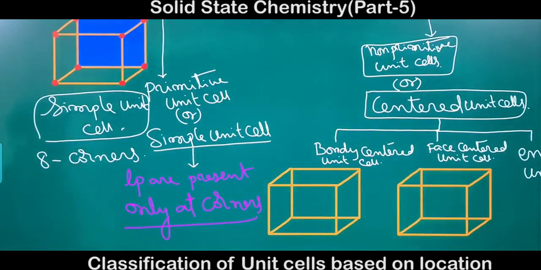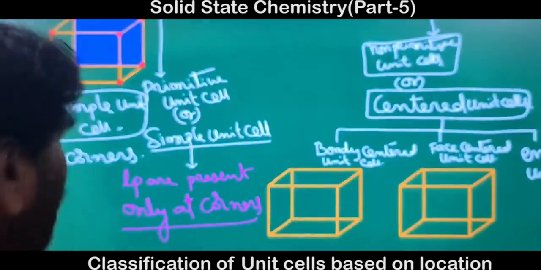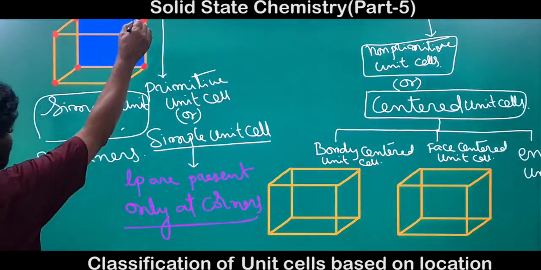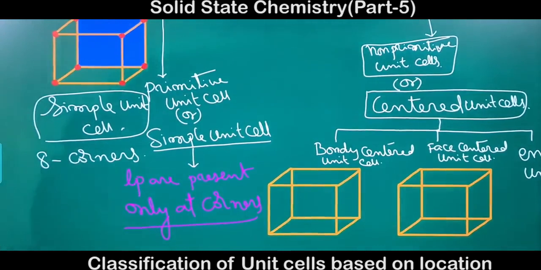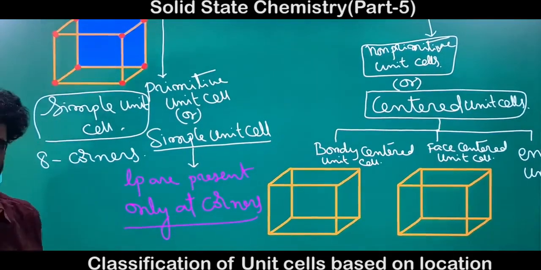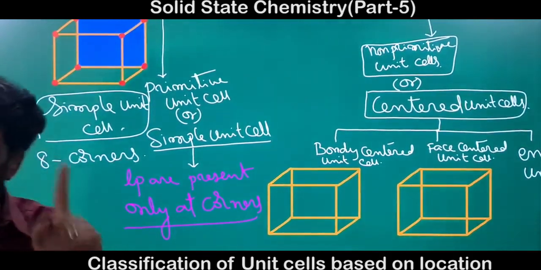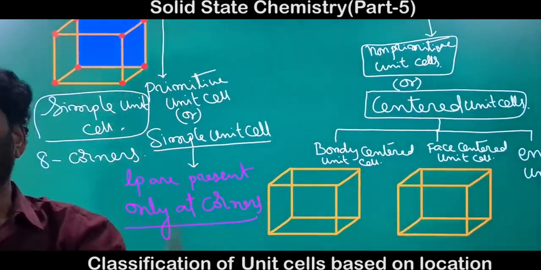So 8 corners. If 8 atoms are involved, what is the contribution? Each corner of the unit cell is common to 8 unit cells.